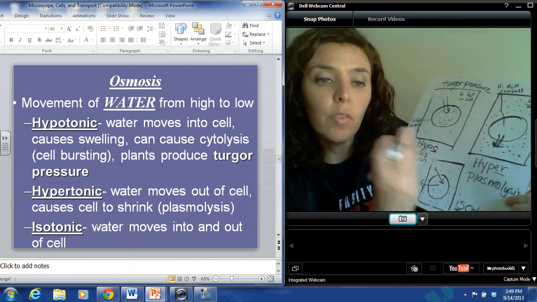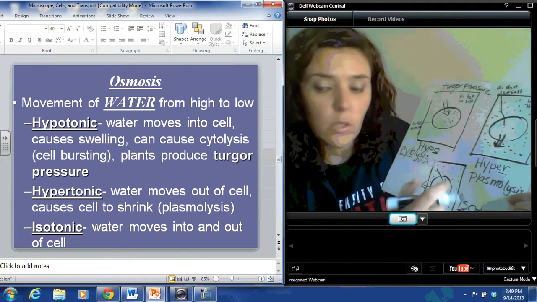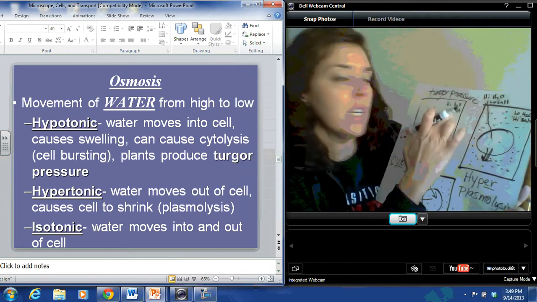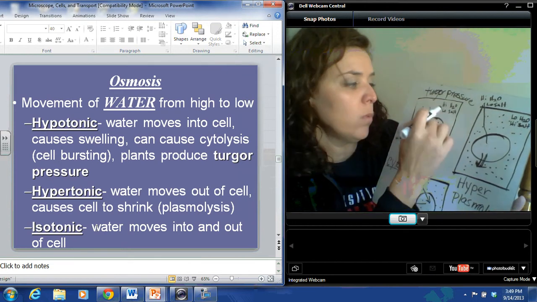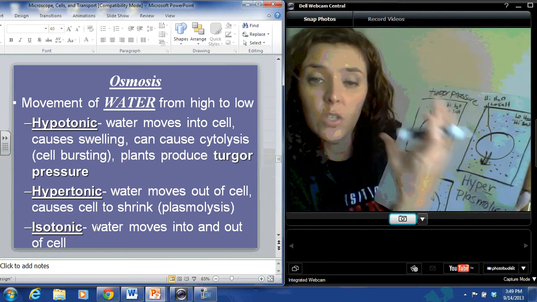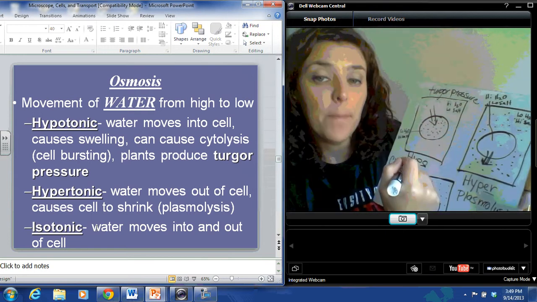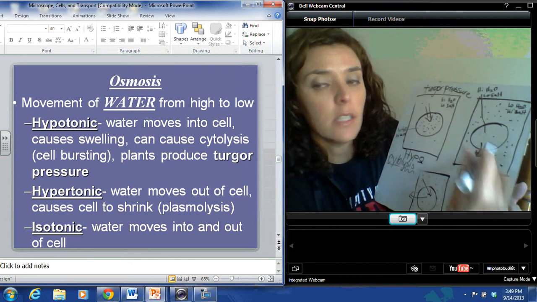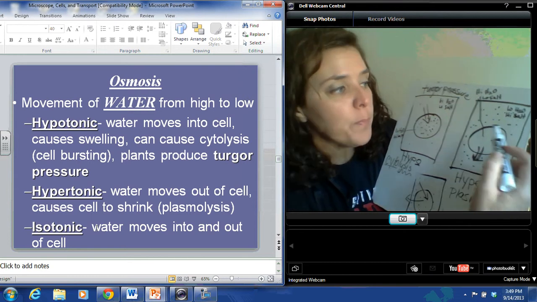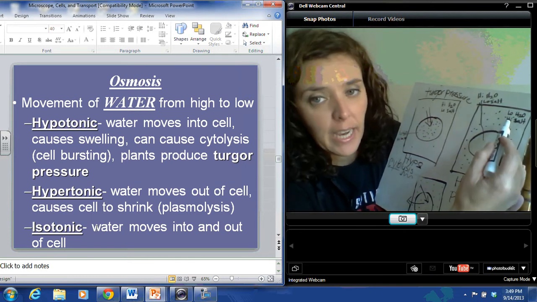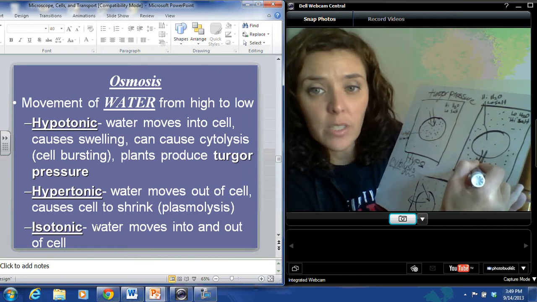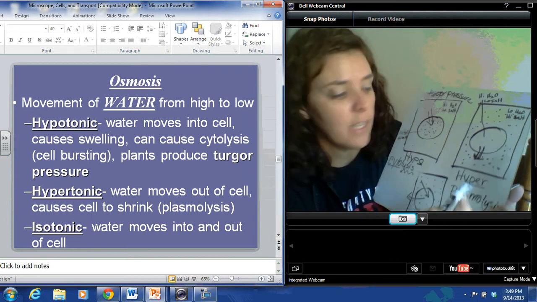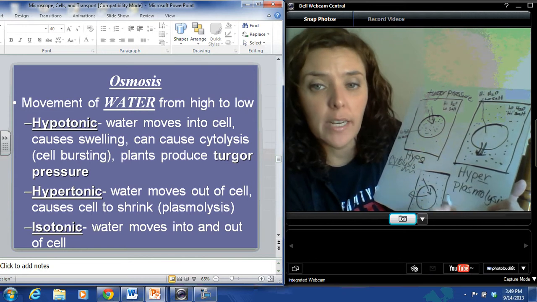Okay, so you have three scenarios with osmosis. One where there is a higher concentration of water outside the cell than inside, and so water will move in, causing the cell to swell. That's a hypotonic solution. The next situation is where you have a low amount of water on the outside, a high amount on the inside, so water will move out, causing the cell to shrink, and that is called a hypertonic solution.